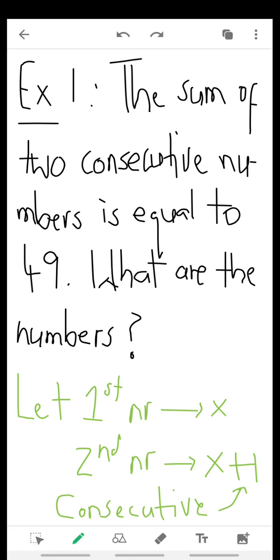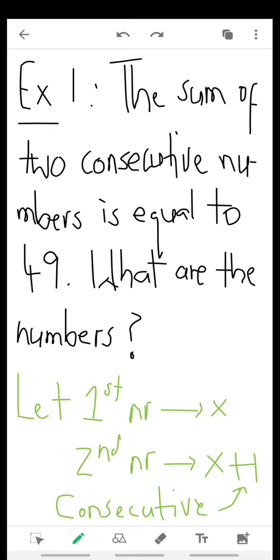Remember, consecutive numbers will always increase by 1. But if it is consecutive even numbers, they will always increase by 2. If it is consecutive odd numbers, they will also be increasing by 2. Let us start with even numbers: 2, 4, 6, 8. So we see that they keep on increasing by 2.